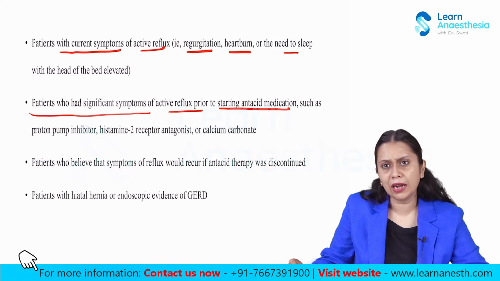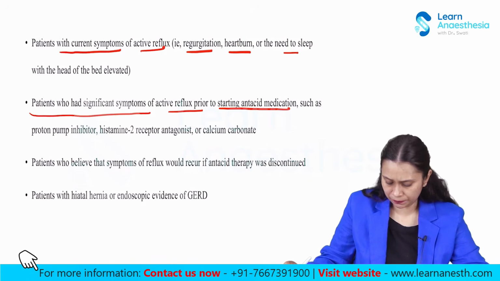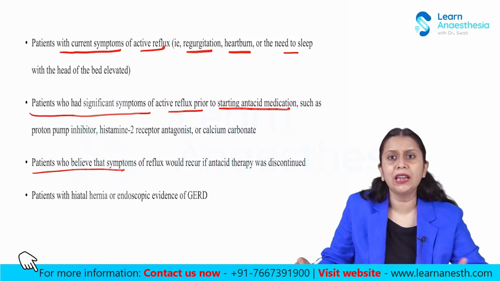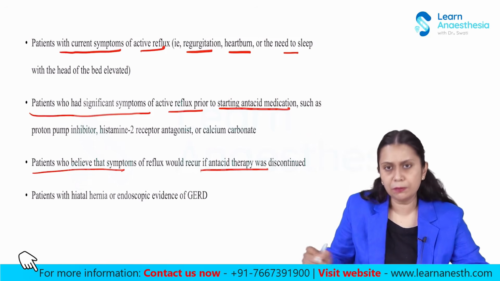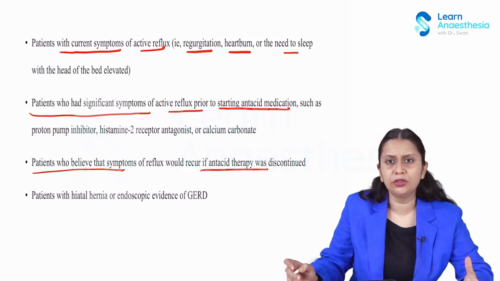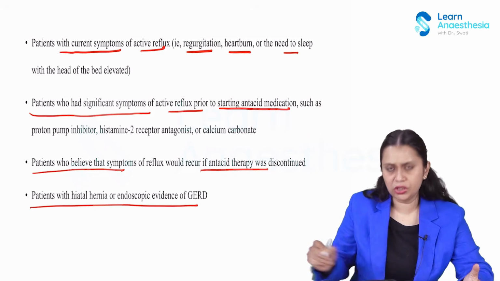Now, a patient who believes that symptoms of reflux will come back if antacid therapy is discontinued, or a patient who has hiatal hernia, or who is a diagnosed case of GERD on endoscopy.